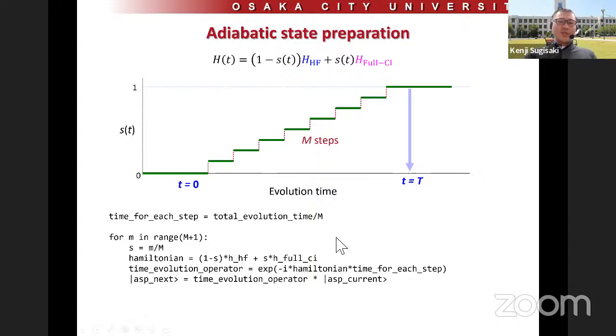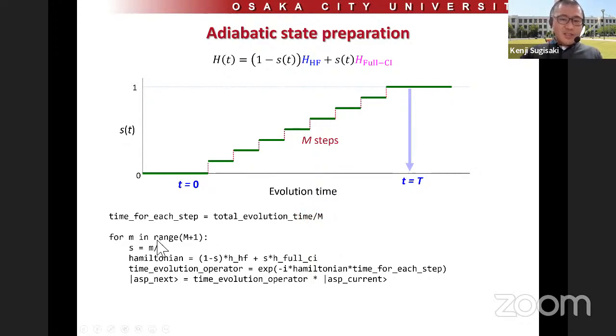In this case, the quantum circuit can be constructed by using the following strategy. We have to divide the evolution time into M steps.